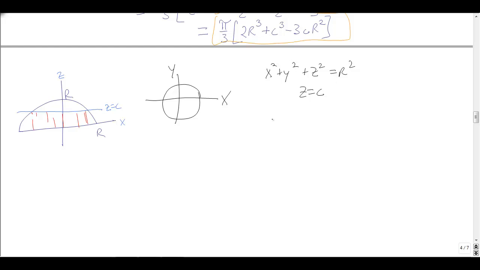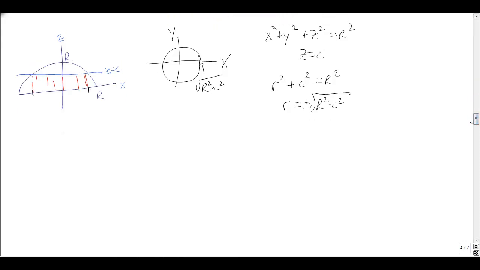Well, x squared plus y squared, that's lowercase r squared. Z squared is going to be c squared. That's capital R squared. And so little r is going to be the square root of capital R squared minus c squared. So our radius here, this end point, is going to be these square roots, really plus or minus these. We have the positive square root and the negative square root. So that tells us that this radius here is square root capital R squared minus c squared.